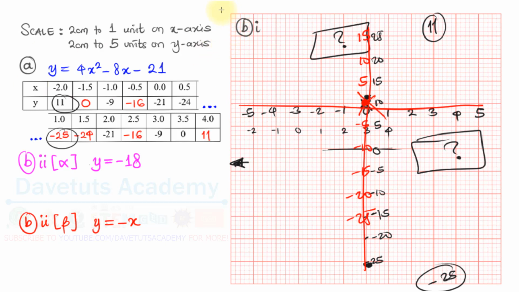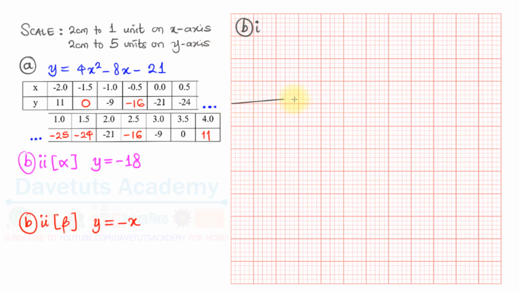I'm going to just do that now. I'll just clear the board. So here I have my horizontal axis, and there I have my vertical axis. You can easily get that effect by making use of a straight ruler. So this is my x, and this is my y.